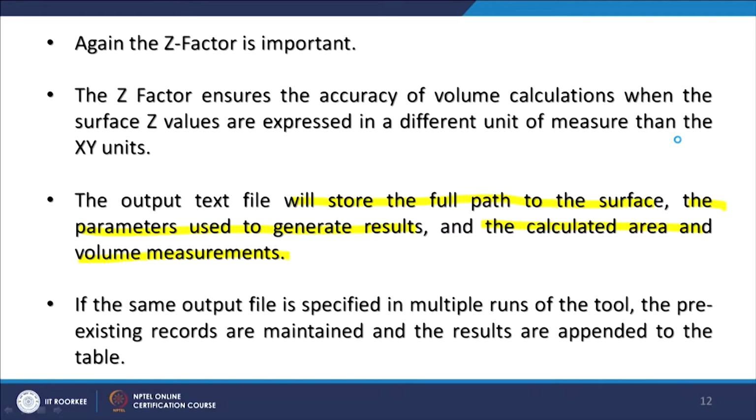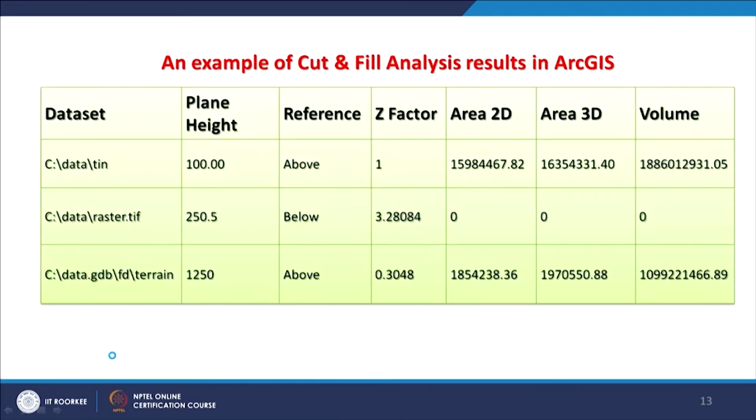So, the same output is specified in multiple runs of the tool, because the pre-existing records are maintained and the results are appended to the table by changing the height, by changing the desired level.